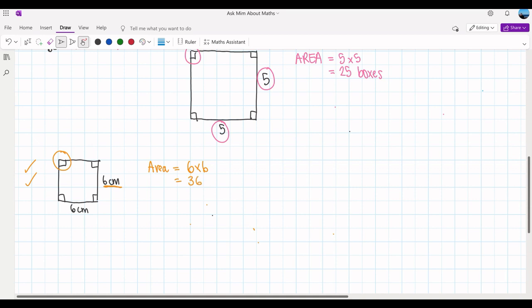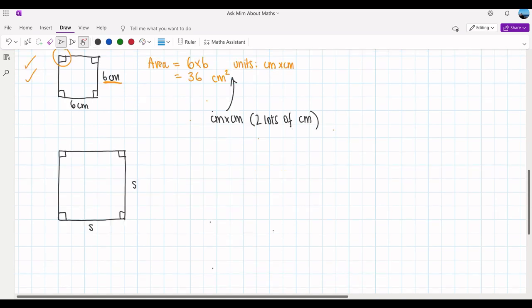Now, what happens with our centimeters is that in the same way we're doing 6 times 6, our units are going to be centimeters times centimeters. And centimeters times centimeters gives us centimeters squared, where the 2 means that we're multiplying centimeters by themselves twice.